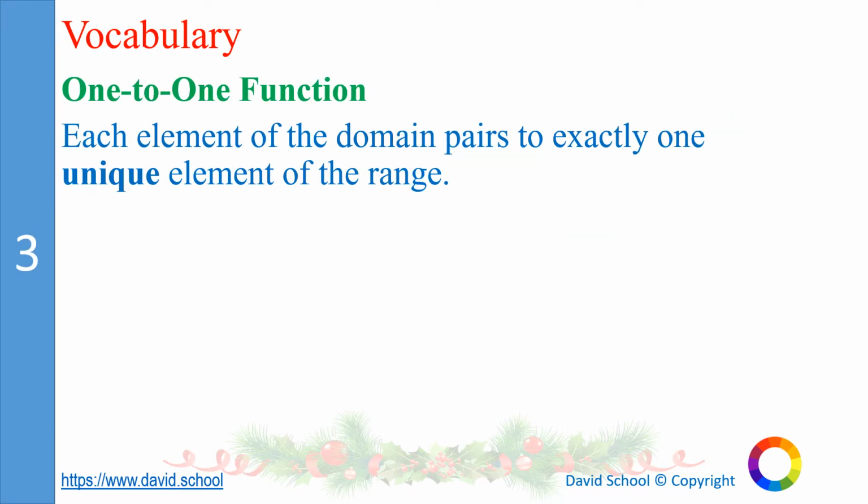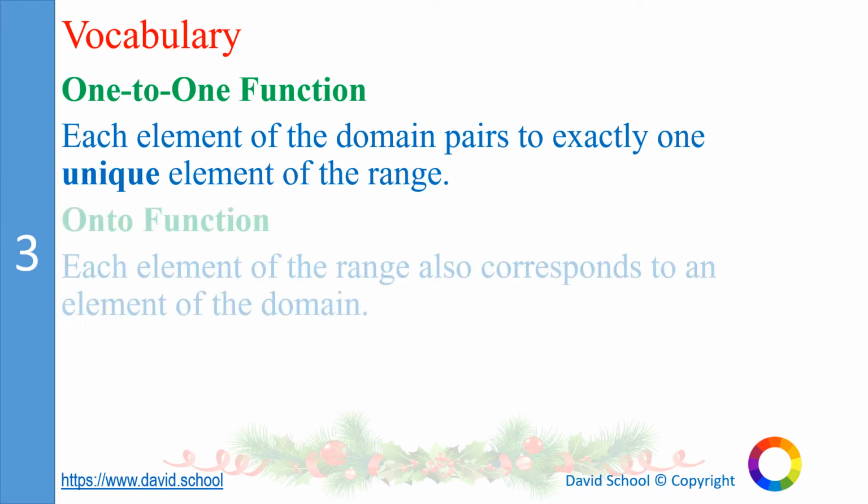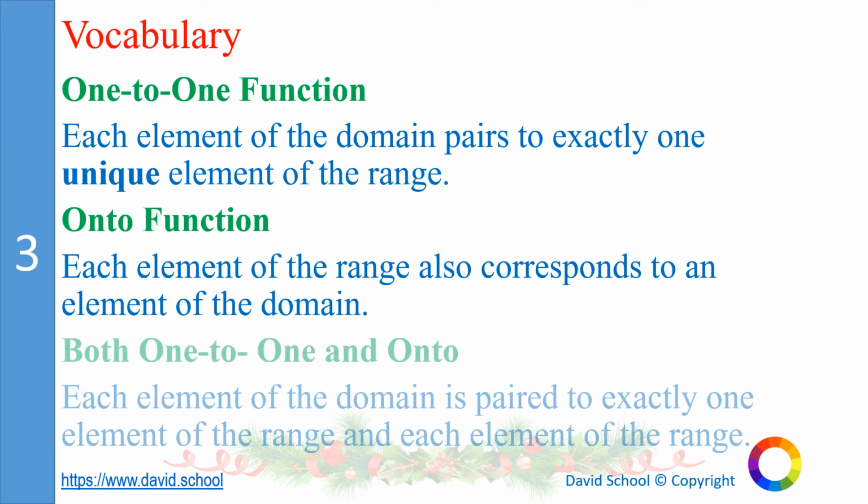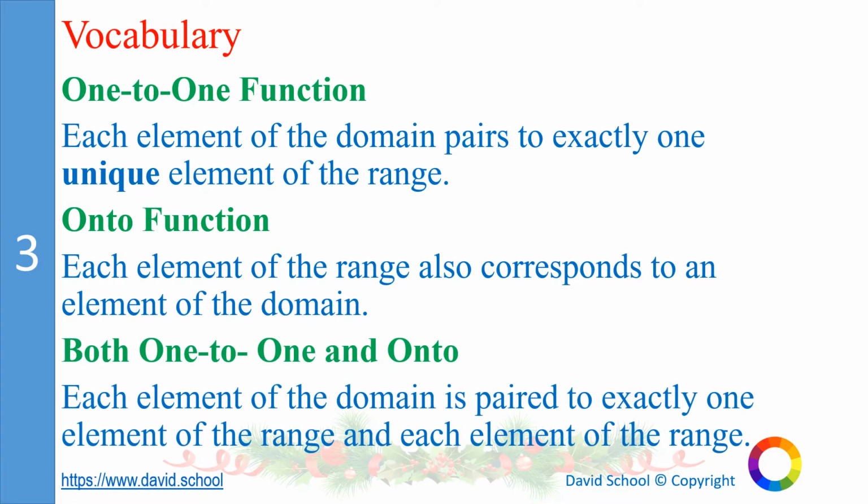In a one-to-one function, each element of the domain pairs to exactly one unique element of the range. In an onto function, each element of the range also corresponds to an element of the domain. If the function is both one-to-one and onto, we call it a one-to-one onto function.